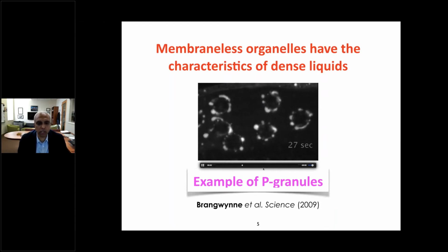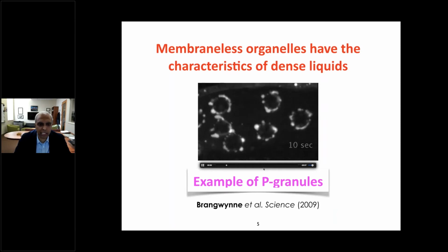Now, this was 10 years ago, and I think at that time, the emphasis was really on the liquid-like behavior of these condensates, but 10 years since, in a rapidly moving field, I think we've come to appreciate that the liquid-like features are but one aspect of these different types of condensates. There's an assortment of material properties that one can envisage for these condensates.